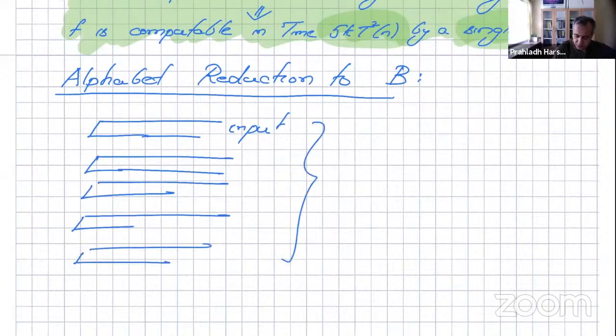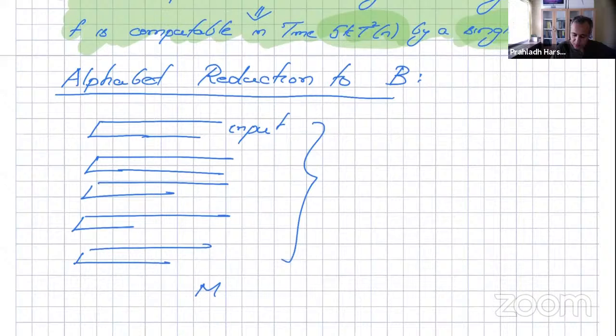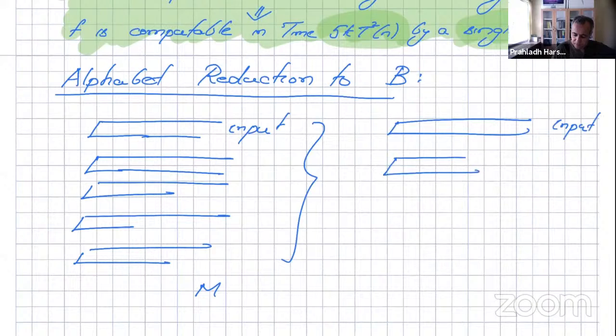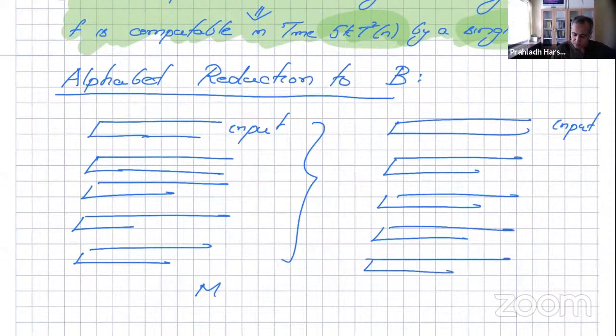This is the Turing machine M. I want to convert it to another Turing machine M prime, so that if M works over the alphabet gamma, M prime works over the alphabet B.